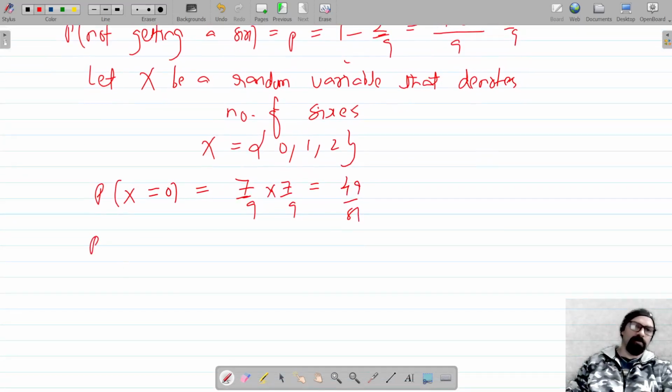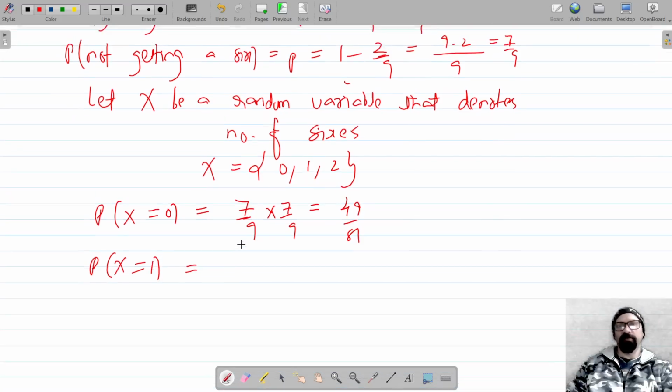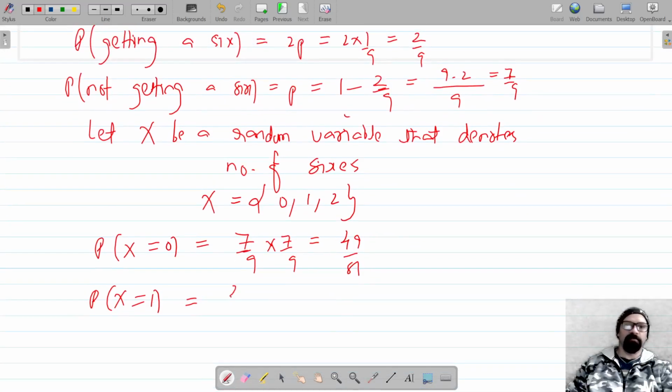Now, the probability of getting a 6 one time. Either we could get a 6 on the first throw and not get a 6 on the second, or on the first die it's not a 6 and the 6 is on the second die.